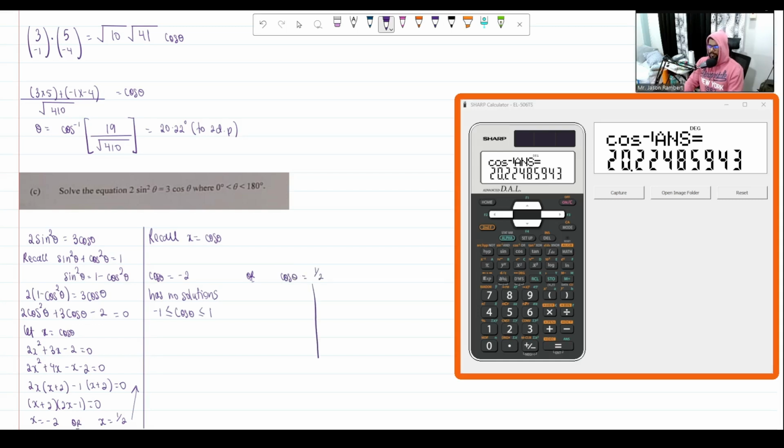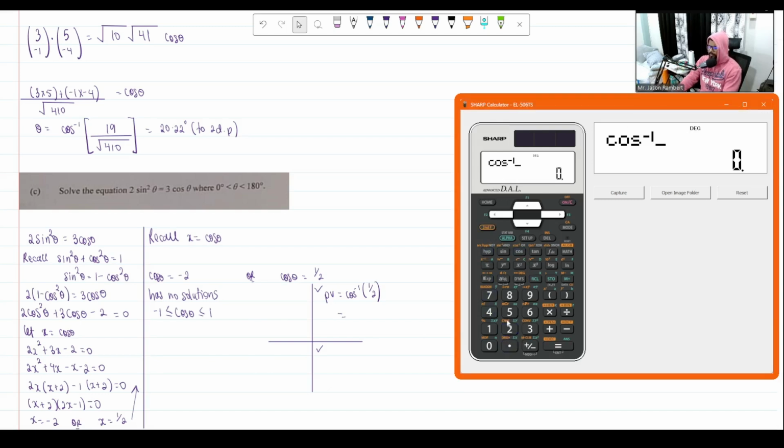We're diving into the quadrants. Cosine theta is positive, so my solutions are going to lie in quadrant 1 and in quadrant 4. Calculate the principal value, which is cos inverse of a half. Cos inverse of 0.5.